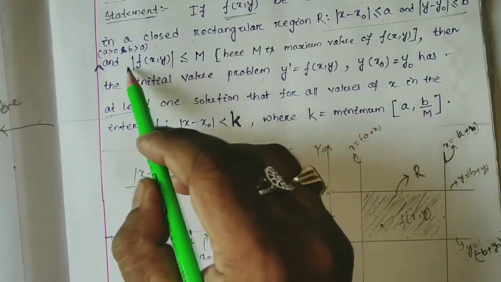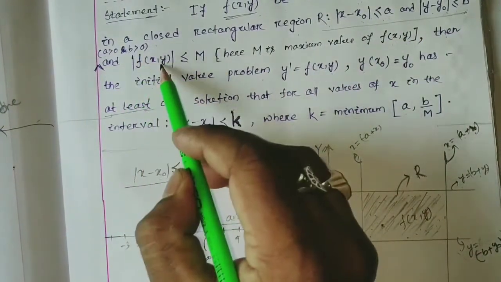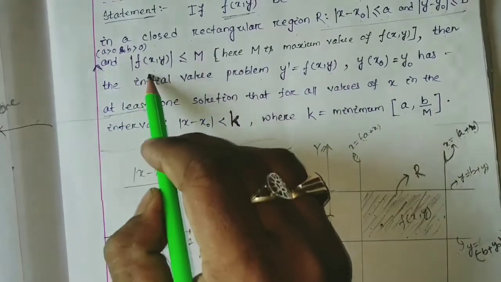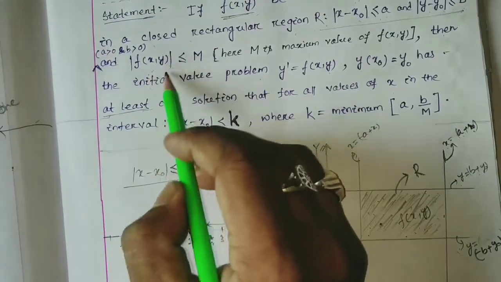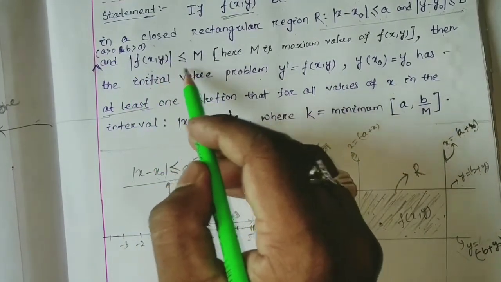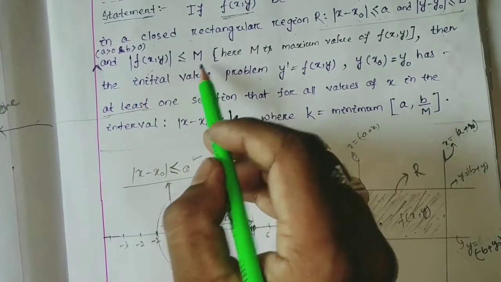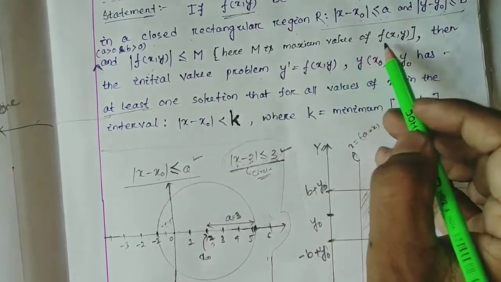And then we are going to find that the modulus of f(x,y) is less than or equal to a value M. What is this M? M is the maximum value of f(x,y).